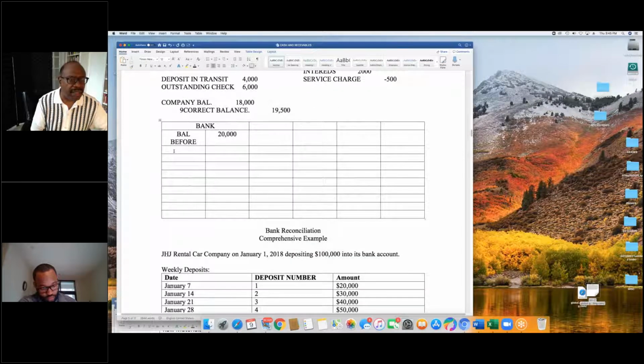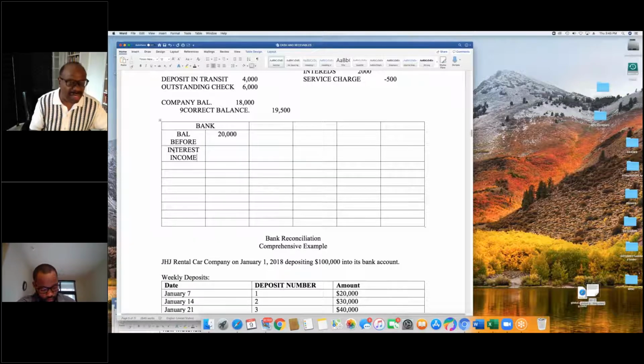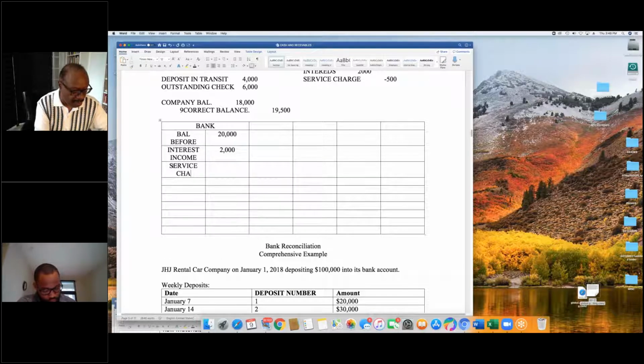Then the bank put in some interest income of 2,000 because you had 20,000 in the bank. It had a service charge of $500.